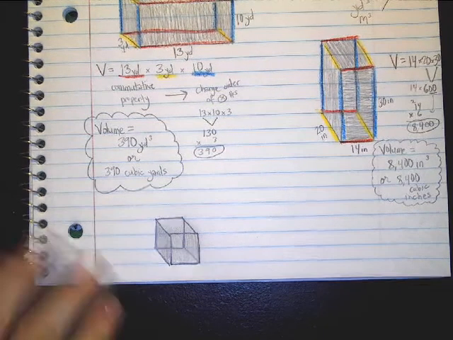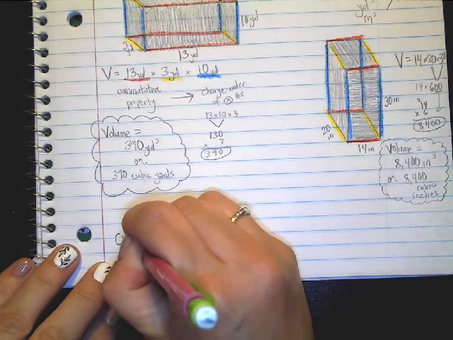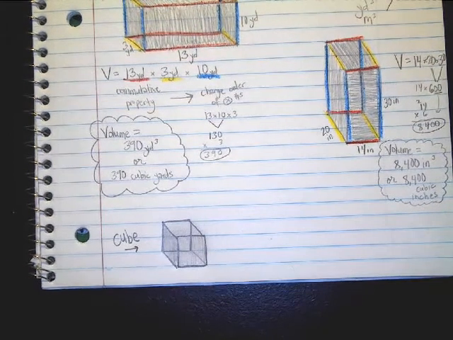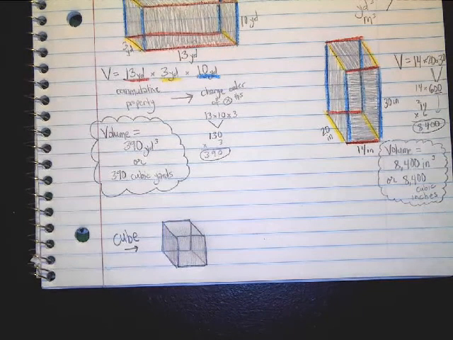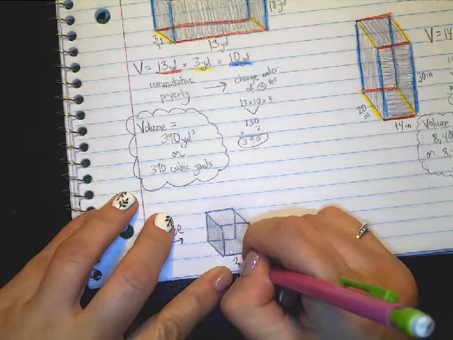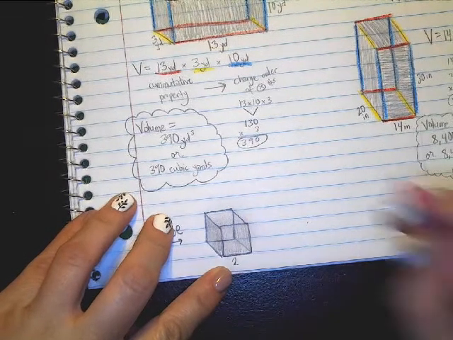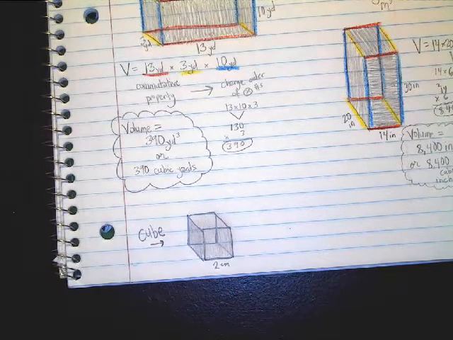Okay, so that's the best I could do at a cube right there. I do think it's not a great picture of a cube, so I'm going to maybe label it cube. Anytime when you're not sure or you're worried about your picture, you could label it that, okay? Here's another way that I could call this a cube.